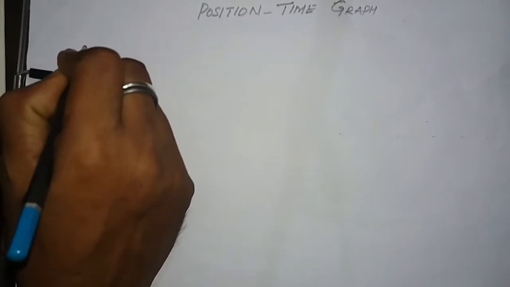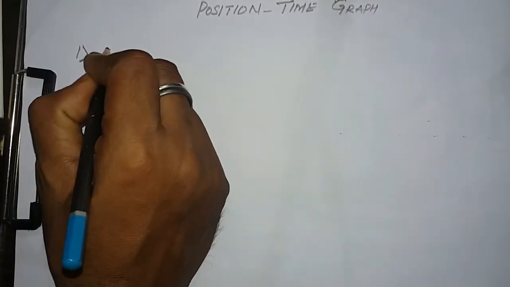Position time graph. First, if an object is at rest or stationary.